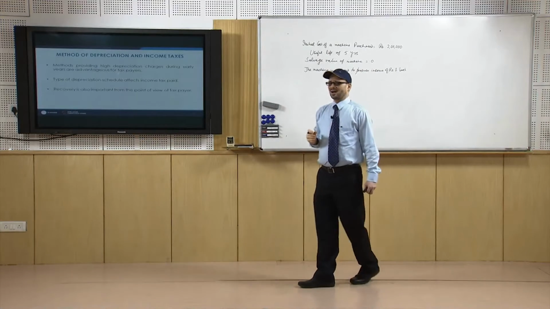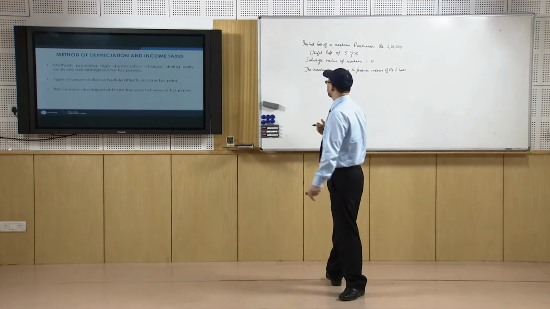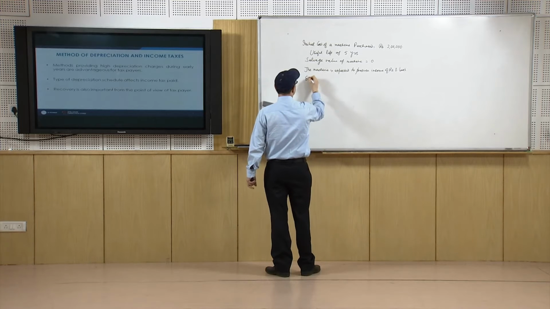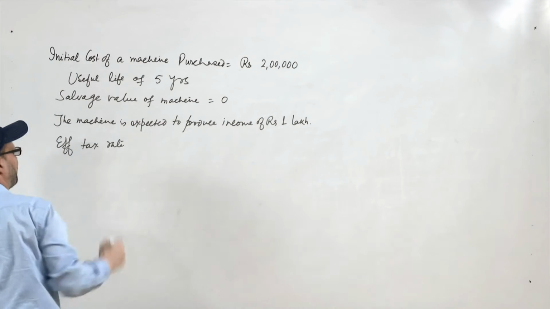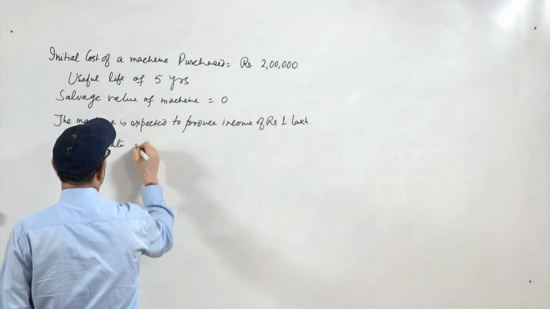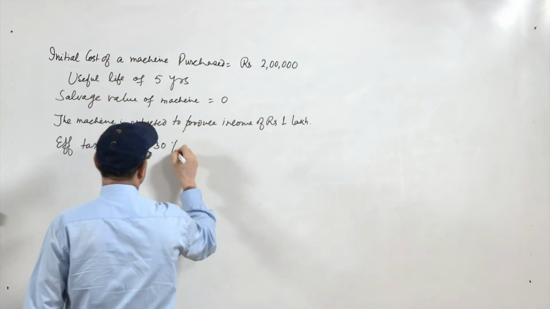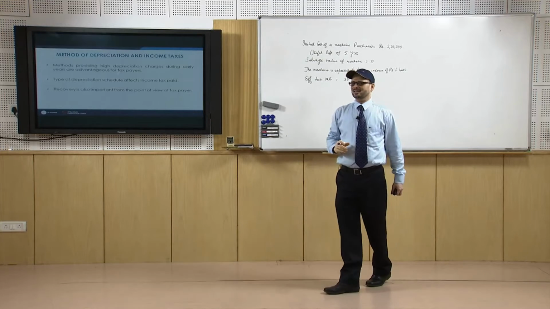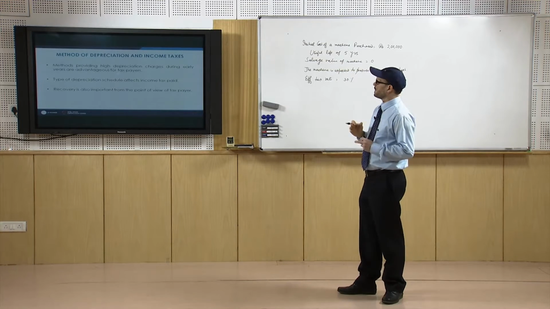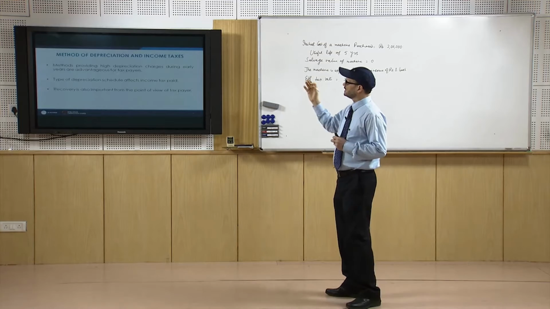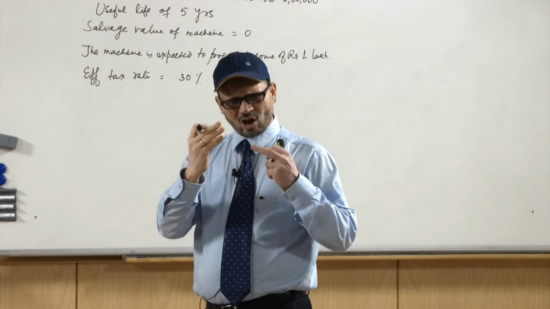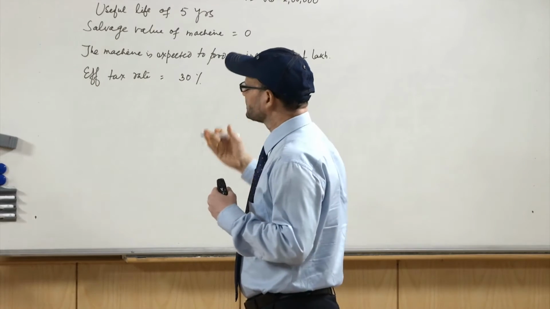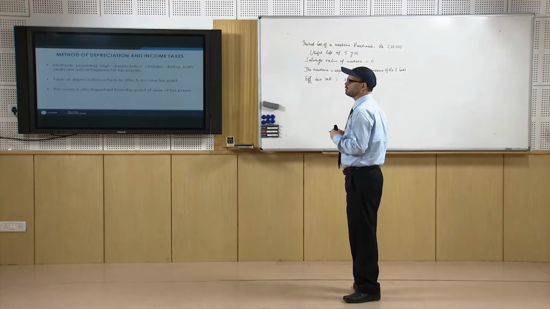Now, the effective tax rate for income tax calculation, for the life of the machine, will be taken as 30%. In that case we have to see how the depreciation schedule which is adopted affects the tax amount to be paid.